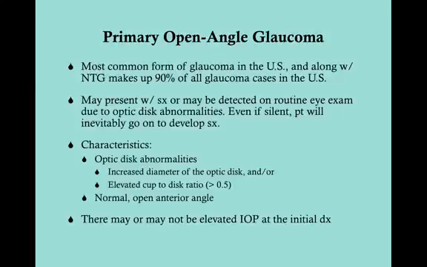This can present with symptoms, but more commonly it's detected on a routine eye exam due to optic disc abnormalities. Even if it's silent, which it typically is, the patient will inevitably go on to develop symptoms. So this is really the problem: screening and finding open angle glaucoma before it goes on to develop symptoms.